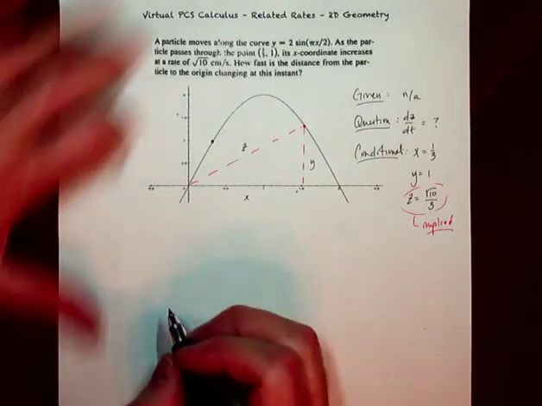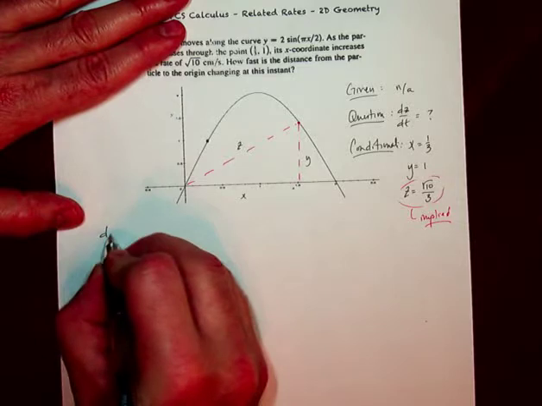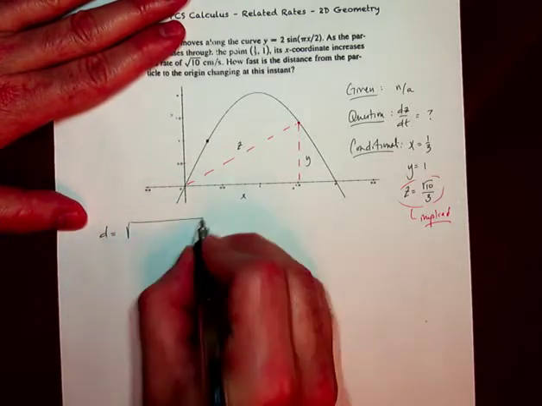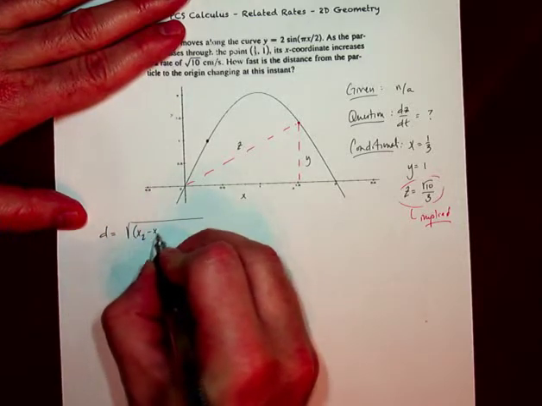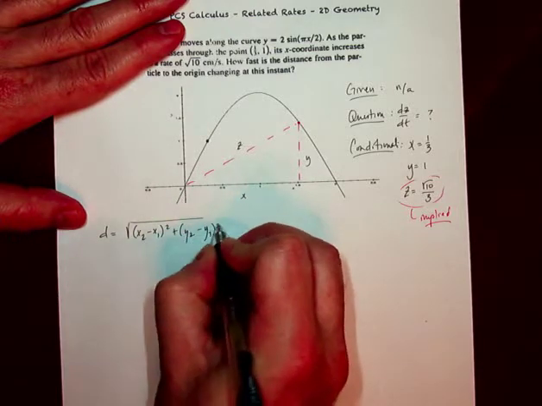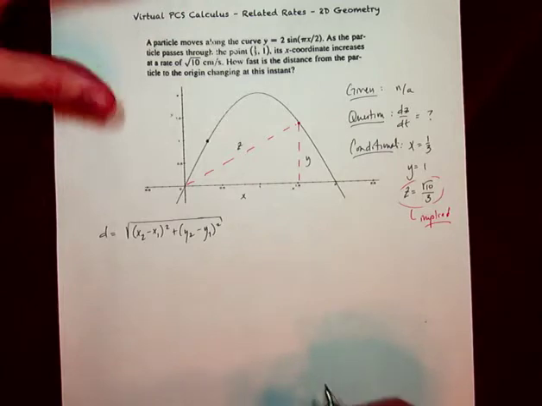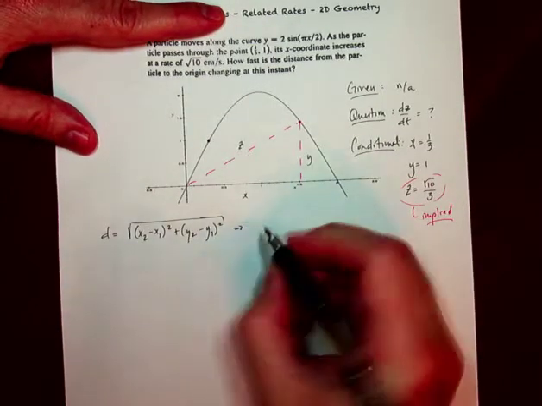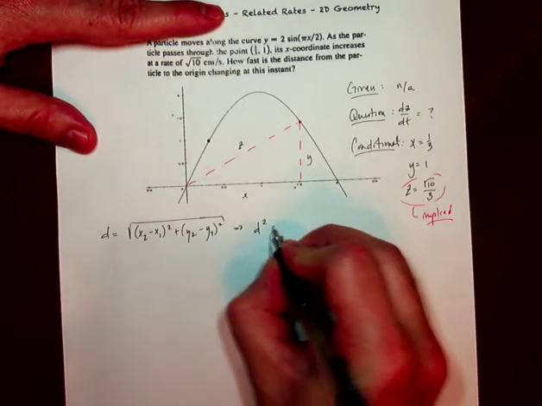Okay, well here's the thing. Remember that the distance formula is the square root of (x2 minus x1) squared plus (y2 minus y1) squared, right? But remember that that's because it actually comes from the Pythagorean theorem.